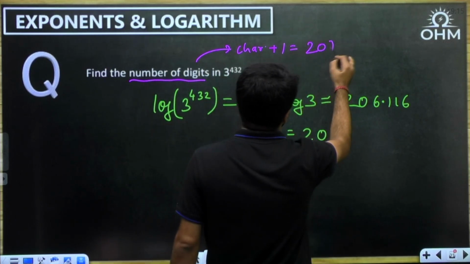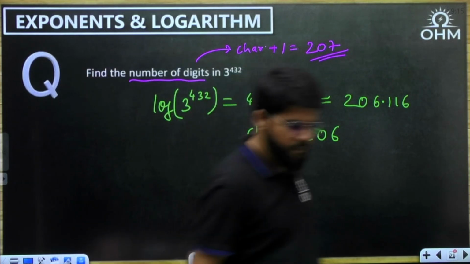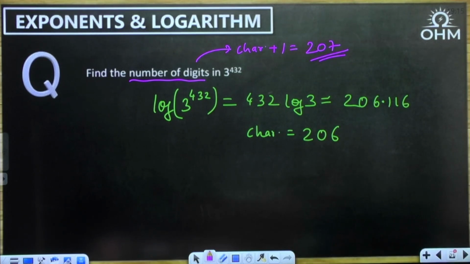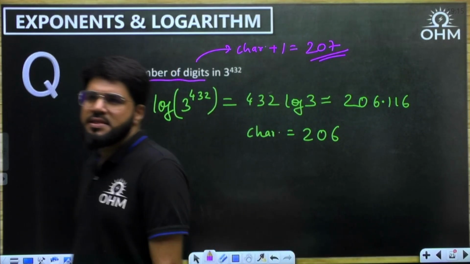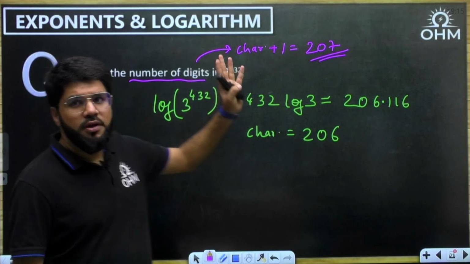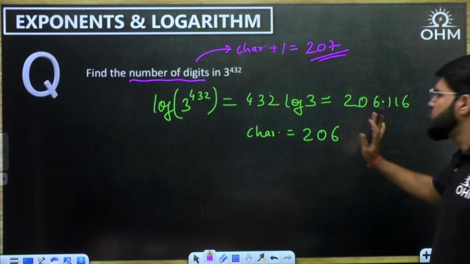So the answer is 207. Such questions, 3 power 432, you try to calculate by calculator, it's going to be out of range. But the number of digits I've told you is 207.